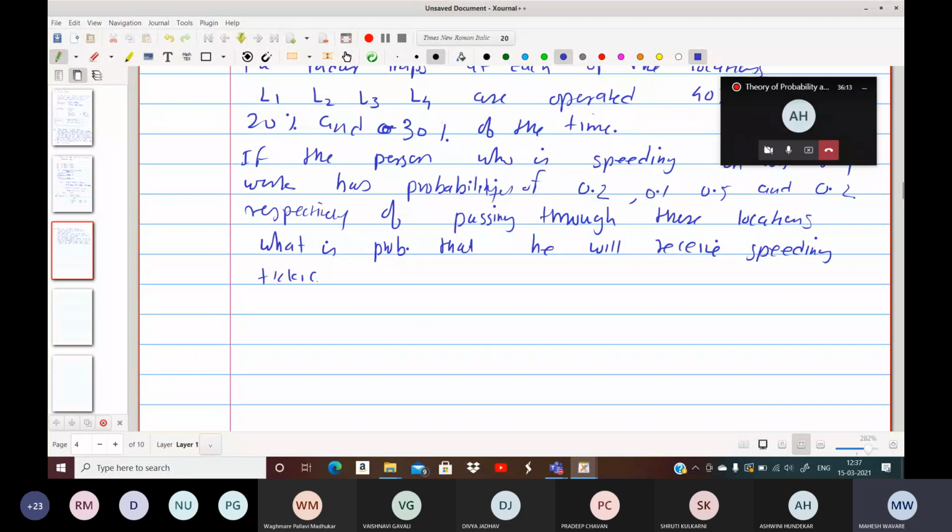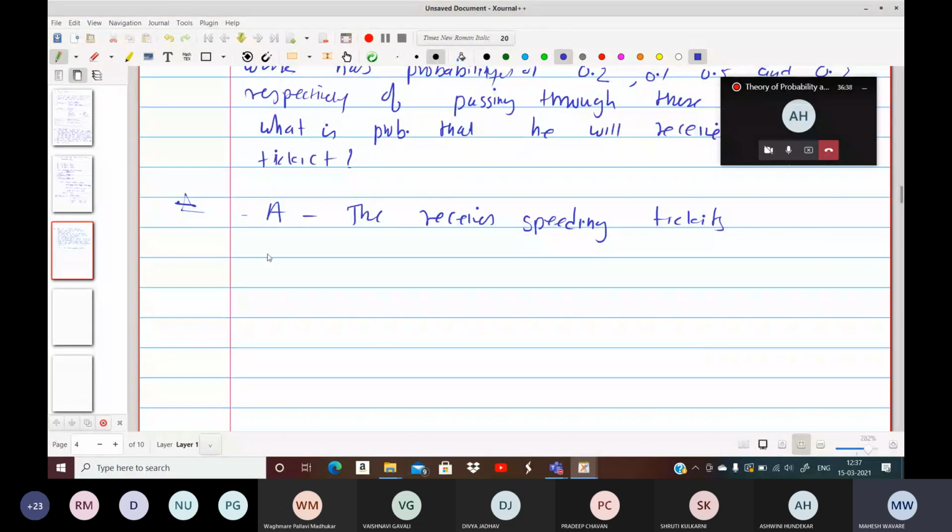We will call this A. The person receives a speeding ticket. So tell me what should be B1, what should be B2, what should be B3, and what should be B4, which constitute the partition for that.